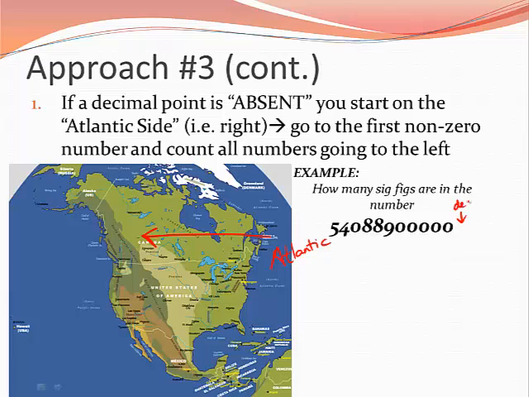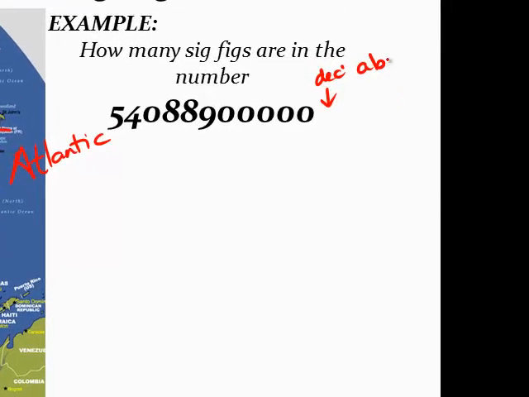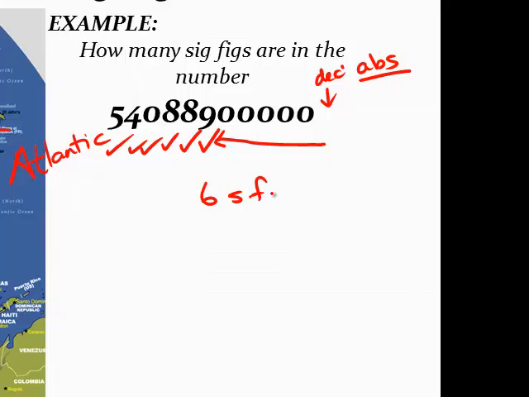The decimal is absent. So I'm going to start at the Atlantic side, go till I hit the first non-zero number. Now every other digit beyond that is significant, meaning that there's 6 sig figs. You'll understand better why they're important once we go through how sig figs are important in calculations next day in class.